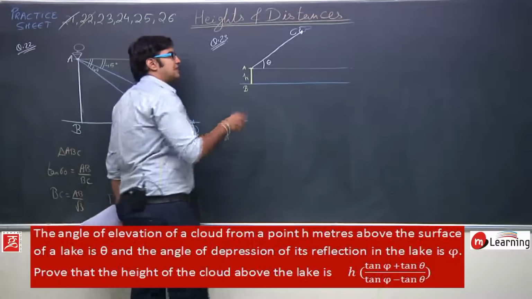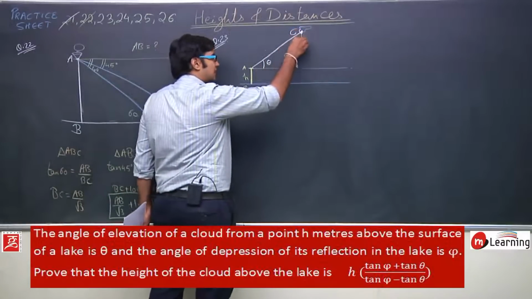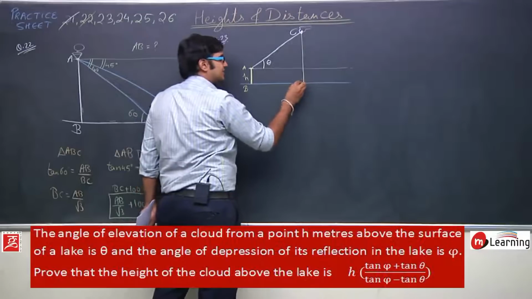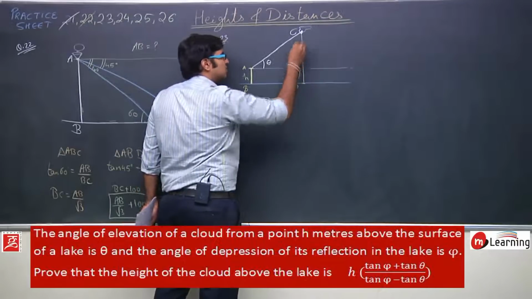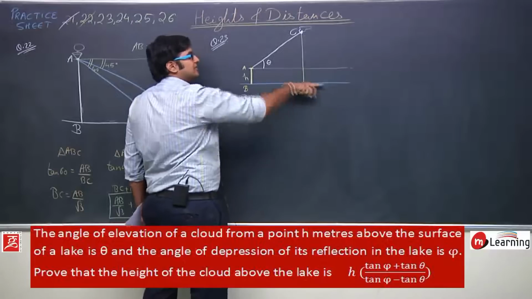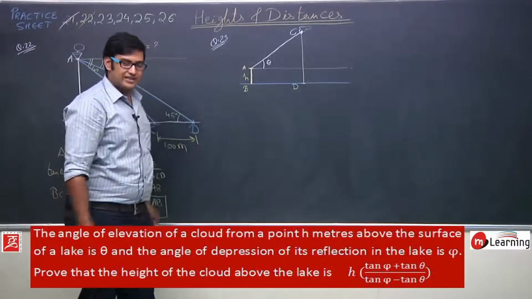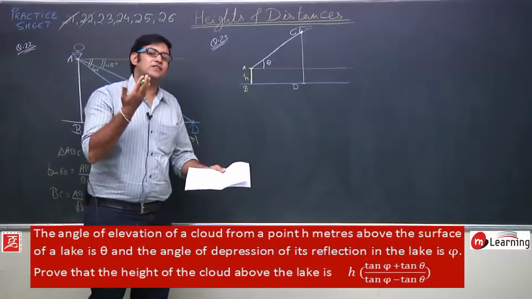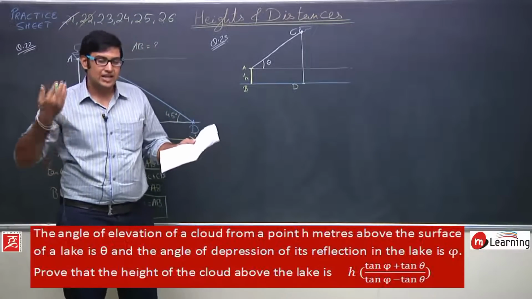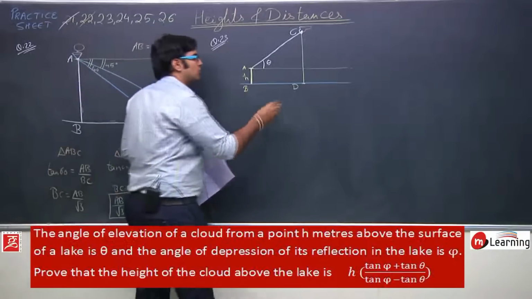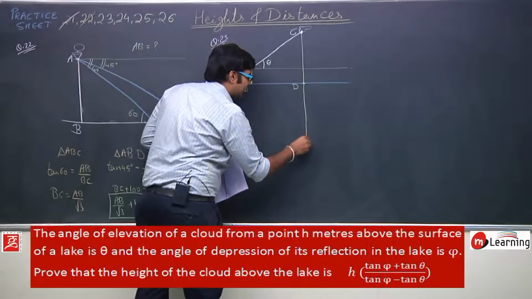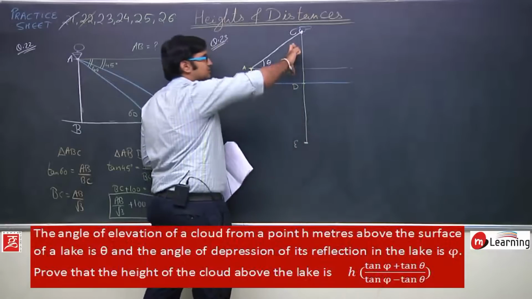So how will this cloud be reflected? Let us say this is point D. This cloud is CD distance above this lake. Since the cloud is CD length away from this lake, the image of the cloud will be formed exactly at this much distance.